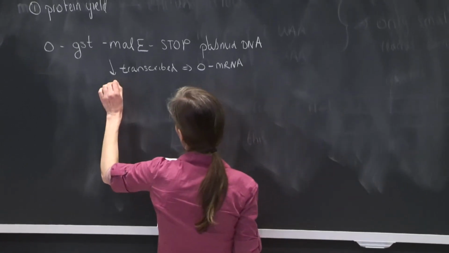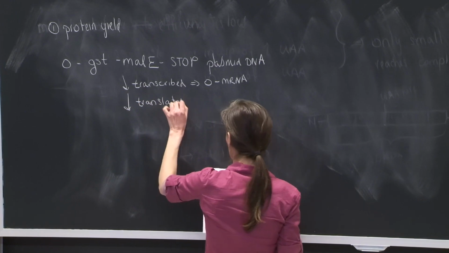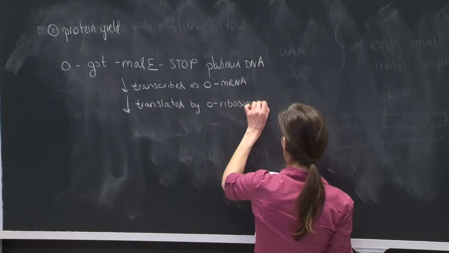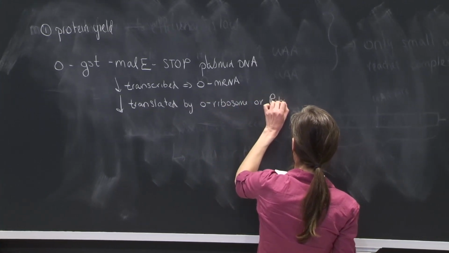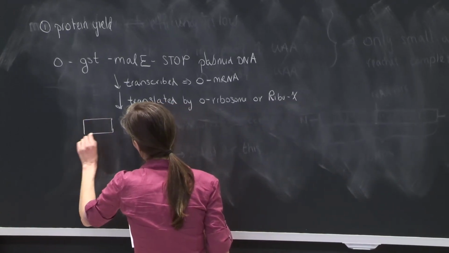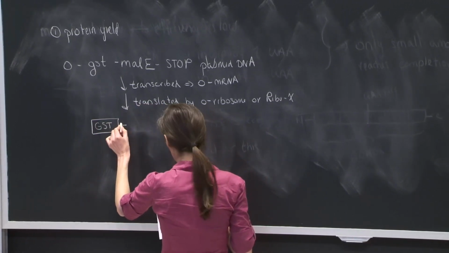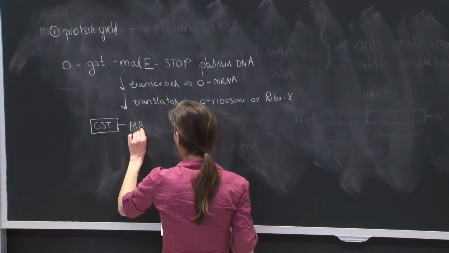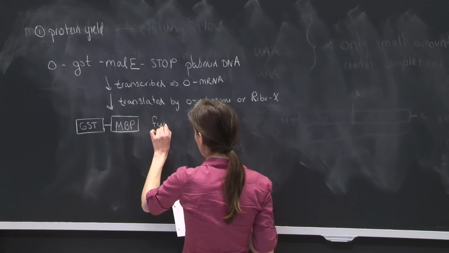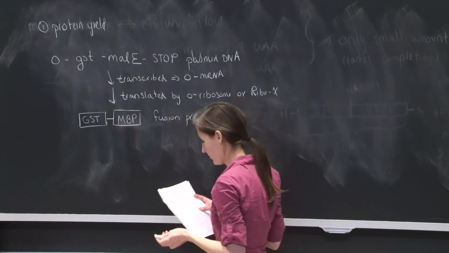And then it gets translated by either the O ribosome or riboX. And the result of this is a fusion protein where we have a protein called GST, glutathione S transferase, and then MBP, which is maltose binding protein. And as we move forward, it will become clear why they use this fusion.